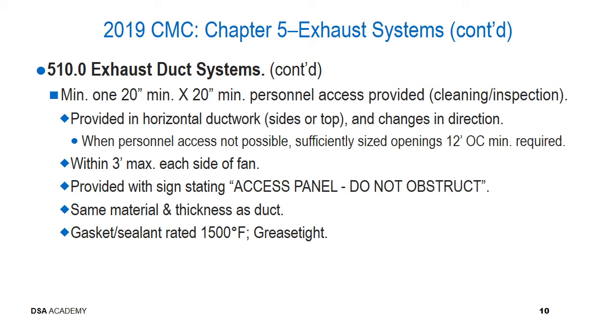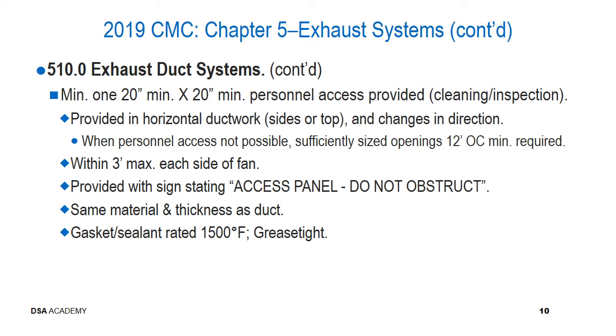This particular access panel has got to be provided in the horizontal ductwork, either on the top or the sides of the duct, and at any changes in direction. As an exception, in the event when this personnel access is not possible, sufficiently sized openings, a minimum of 12 foot on center, are required in its place to facilitate cleaning and inspection of the inside of the ductwork.